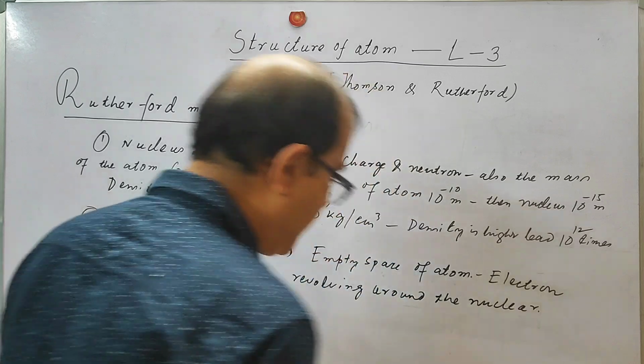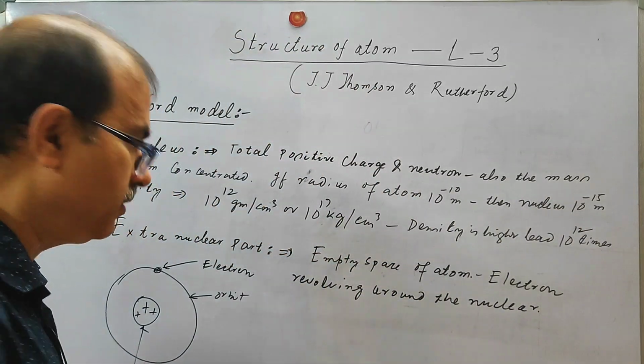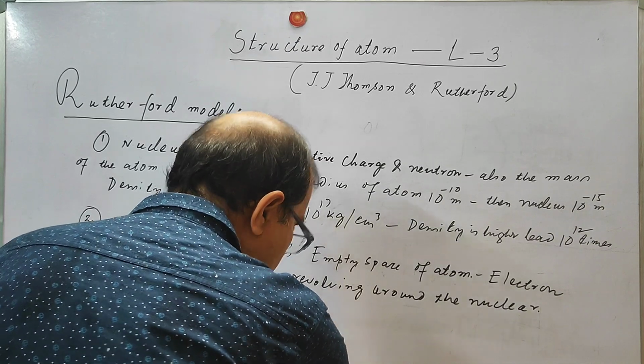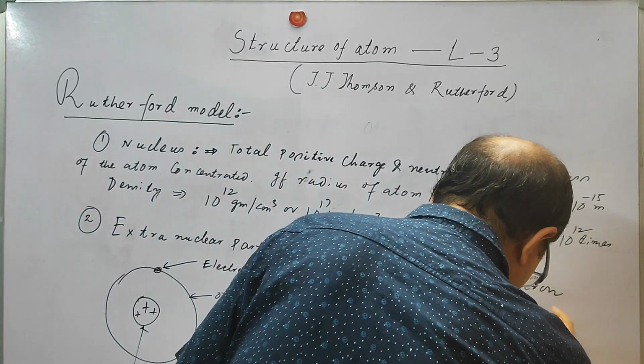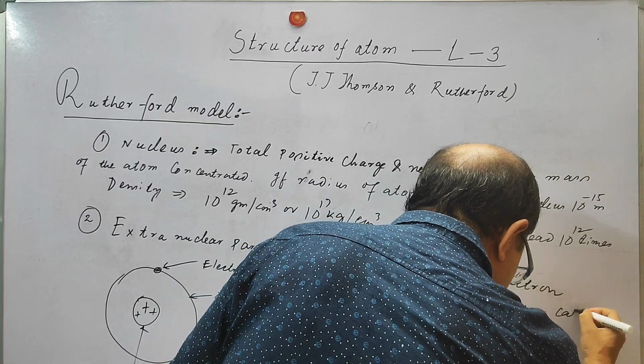and the path where the electron is revolving is called the orbit. This is called the orbit around the nucleus.